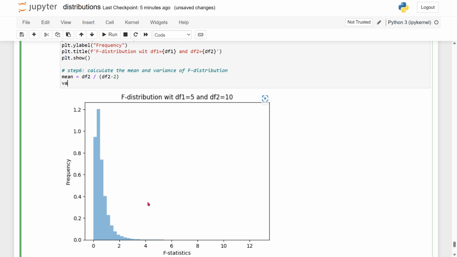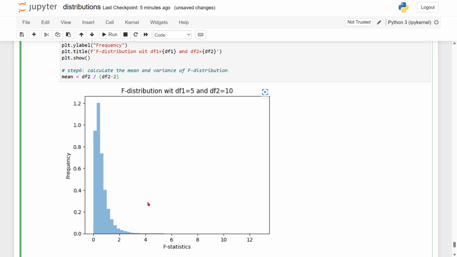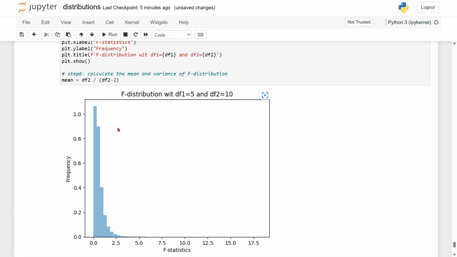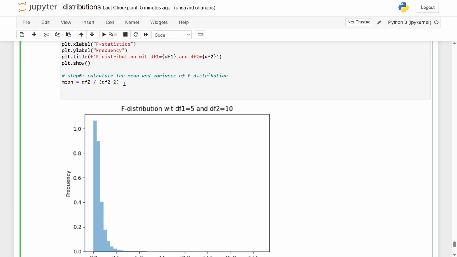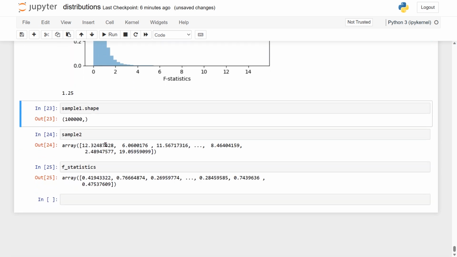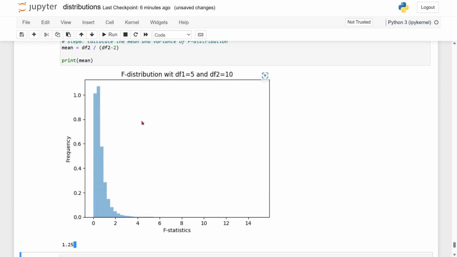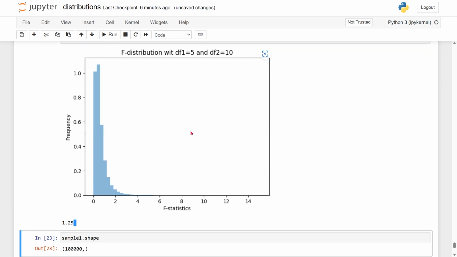And then the variance is a very complicated formula, so let me skip it; that's enough. Because it's going to take more time, let me just print the mean. That's more than enough. So mean. Yep, you got the same value, 1.25 here, and this is your F distribution.